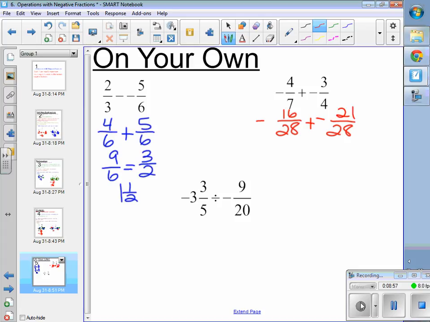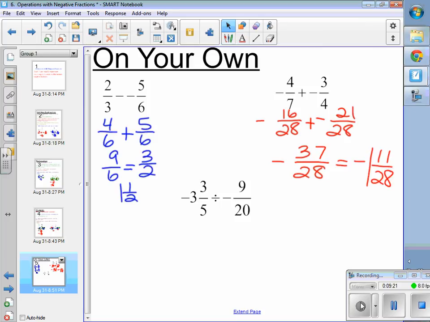We add them together because they both have the same sign, and we get 37. So now you can leave it like that again, like I said, or you can change it over and you would get -1 and 11/28.